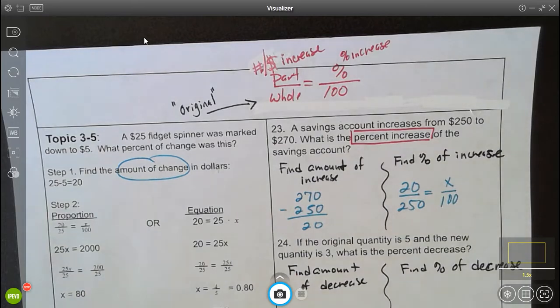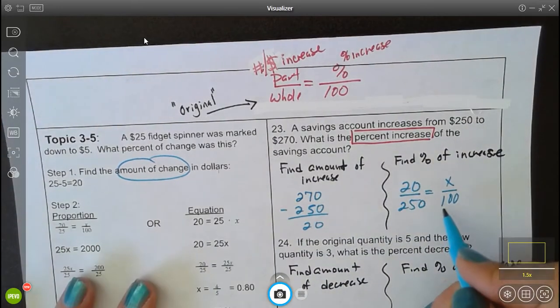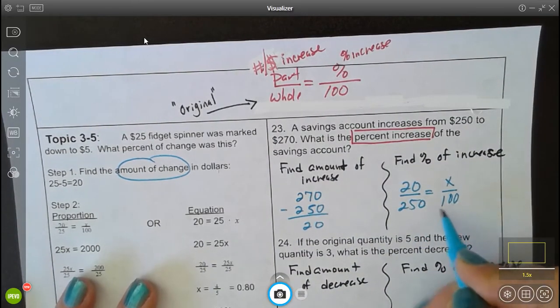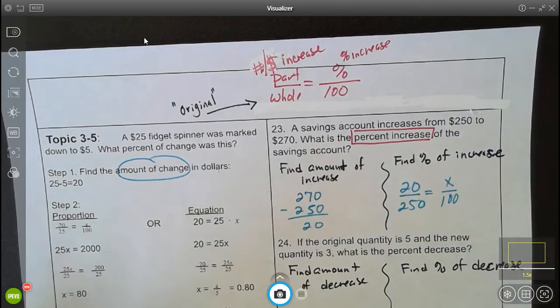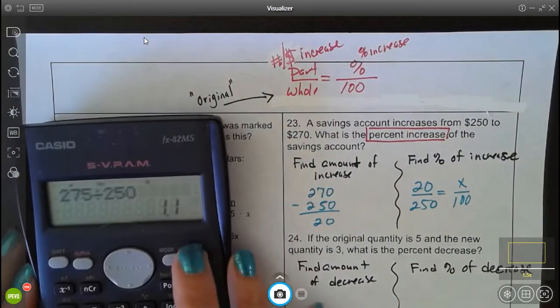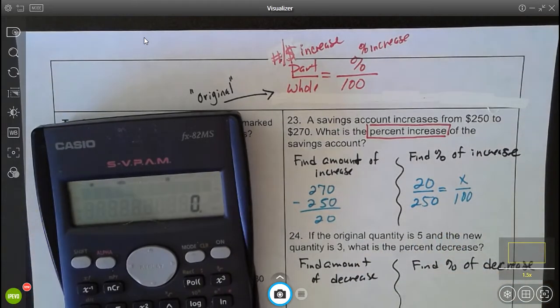You could solve that by cross multiplying and dividing, or by swooping, timesing by 2.5, whatever you do to the bottom, you do to the top. Any method you want. You could even do an equation for that. Let's go ahead and work it out.